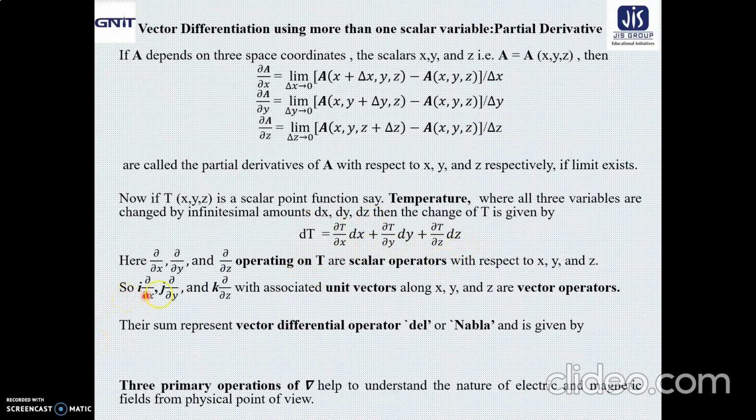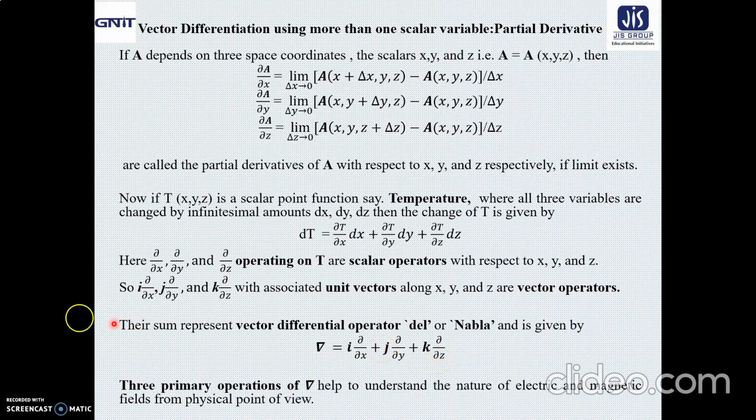Now, from these three important vector operators, we can define most importantly the vector differential operator del or nabla in the form del equal to i cap del x plus j cap del y plus k cap del z, without which we cannot move in electromagnetic theory anymore.